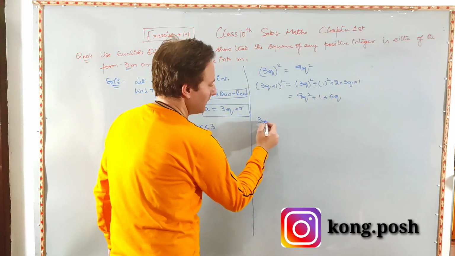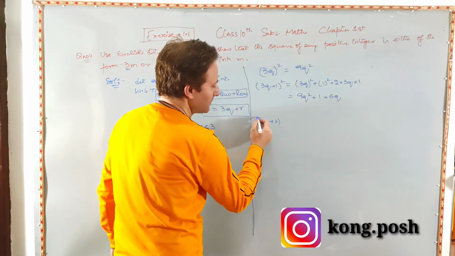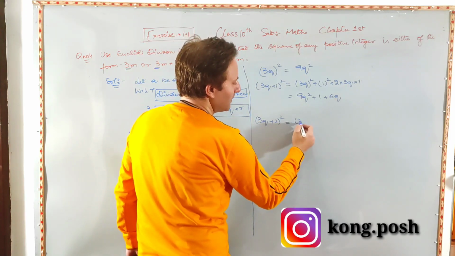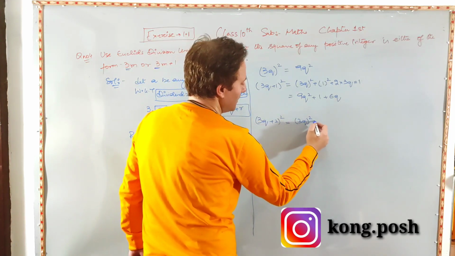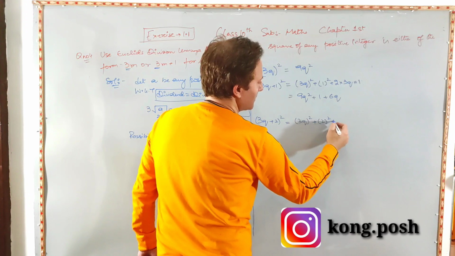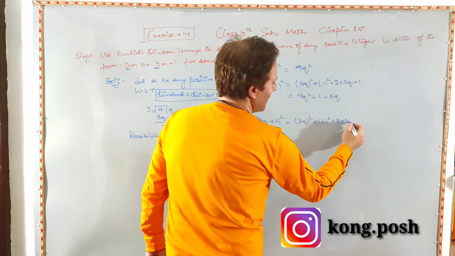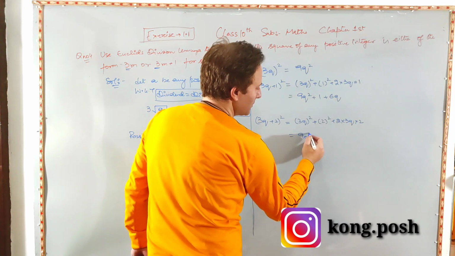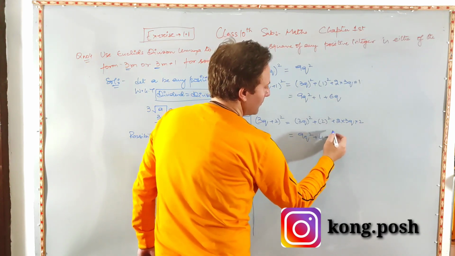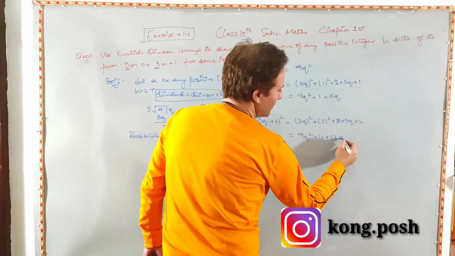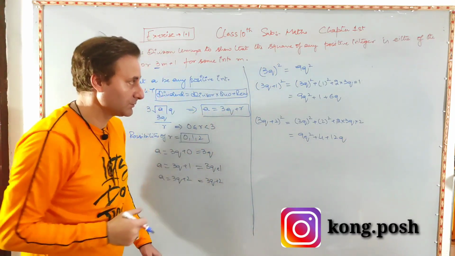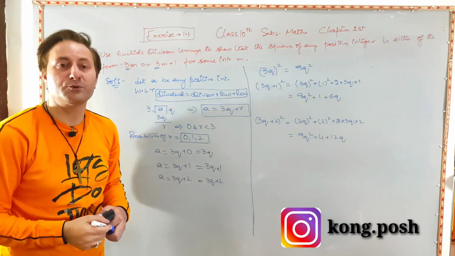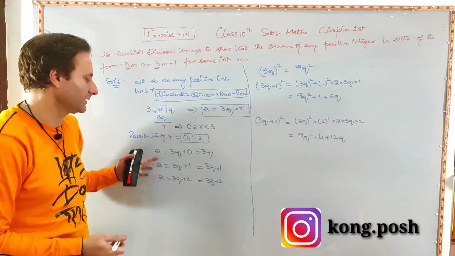Now I have one more, that is 3q plus 2 whole square. Again, a plus b whole square: a square, b square, 2ab, 9q square plus 4 plus 12q. Okay, so this is what I got when I did the squares of these 3 things.